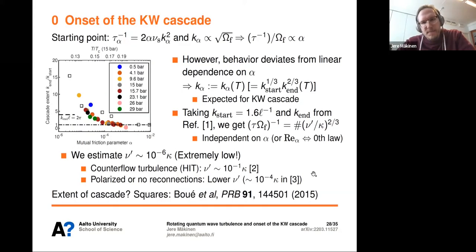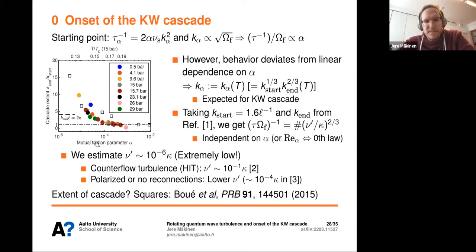Okay, so lastly, for these topics, we now have a good reason to believe that k start is fixed to roughly the intervortex distance from the high temperature fit, and then we have some estimate for k end. We can calculate this as a function of temperature from the data that I just showed you. So we can estimate the extent of the Kelvin-wave cascade in units of k end over k start, and this is what you get.